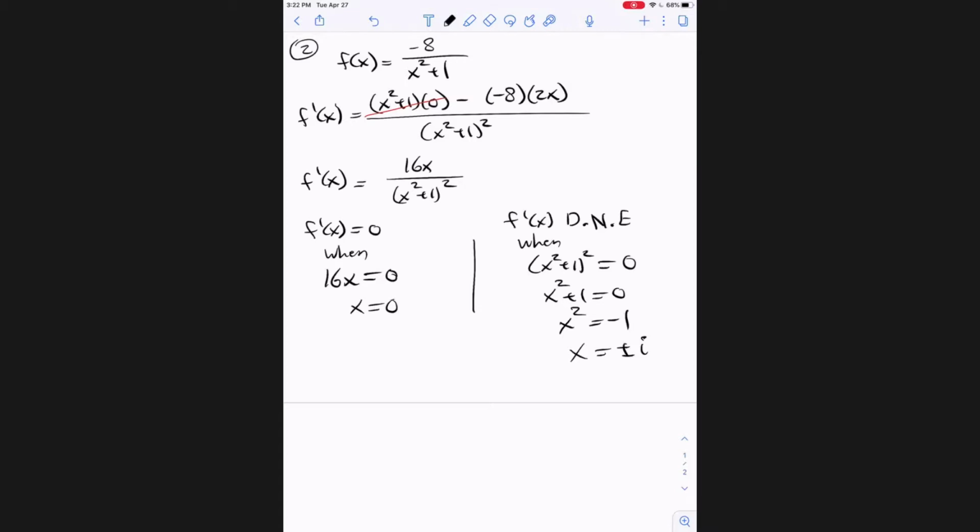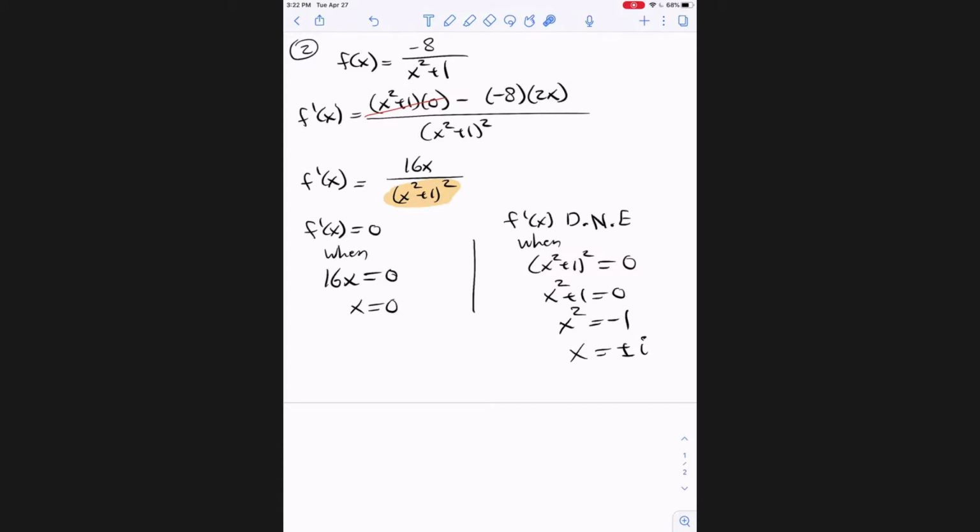You don't even have to do this, because if you just look at the denominator, without even doing the algebra, notice when you square something, the smallest it can possibly be is 0. But then you're adding 1, so now the smallest possibility is 1. Squaring it, you're still at 1. So the minimum the denominator could possibly be is 1, no matter what x is.